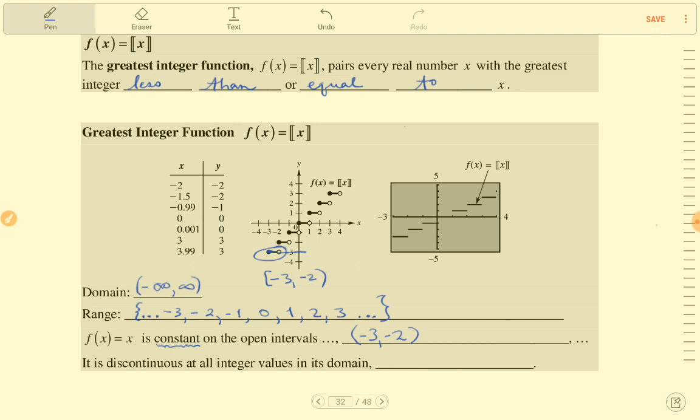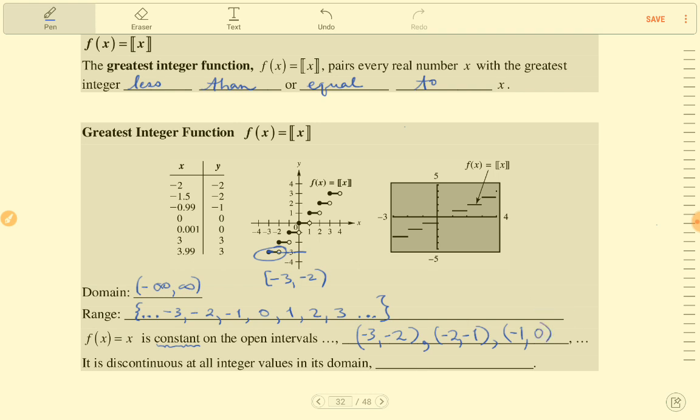So we're not talking about when x is standing still, which would be if you included x equals -3. We're actually saying as you move between -3 and -2 for x values, we will have a constant y value. Y will stay the same. And then it'll happen again from -2 to -1. And then again from -1 to 0, and so on.